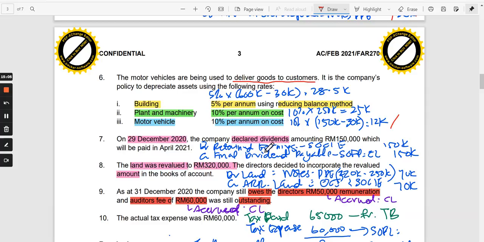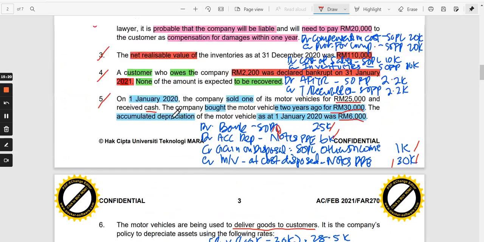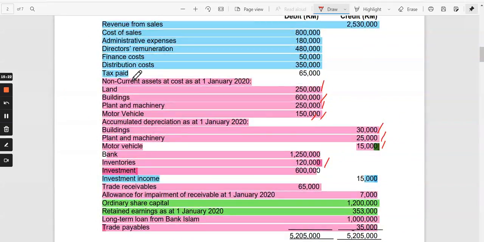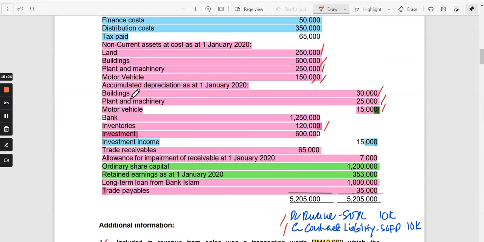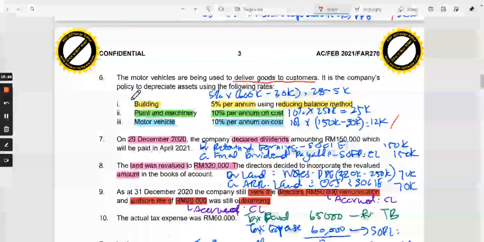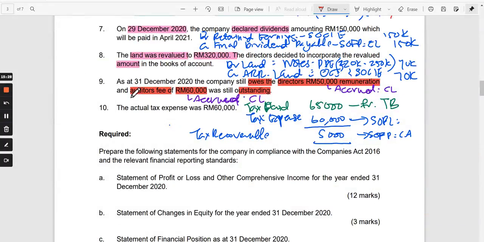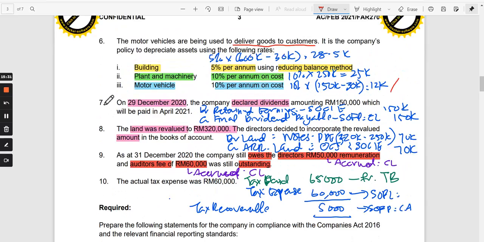So that will be debited to the retained earnings, remove it, that is an appropriation of profits, 150, and it will be credited to the final dividends payable, that will be under current liability, 150. So go and include that. Check if you have any interim dividend in the list of balances. You don't have. Next, include that in your adjustment.